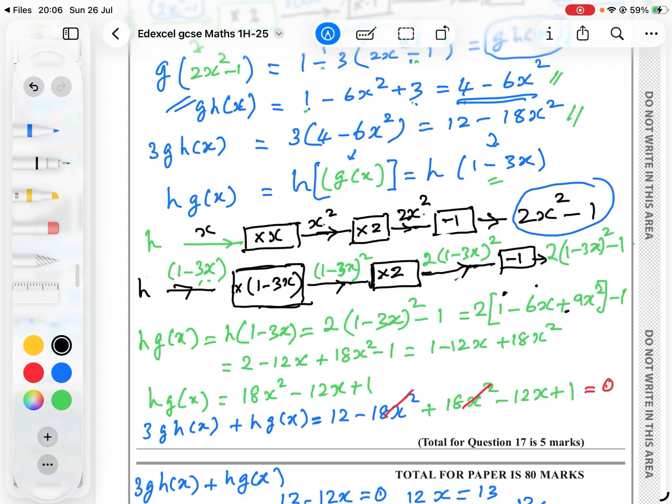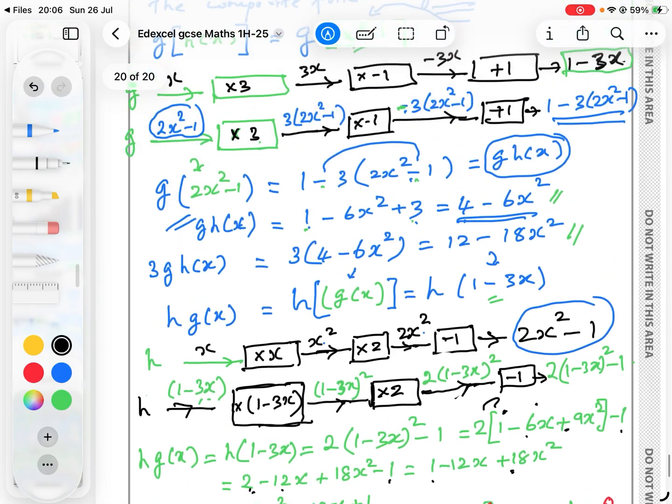Then if you times by 2: 2 times 1 is 2, 2 times minus 6x is minus 12x, 2 times 9x squared is 18x squared, minus 1. Now 2 take away 1 is 1, minus 12x plus 18x squared. So hg(x) is, if you write 18x squared first, 18x squared minus 12x plus 1.